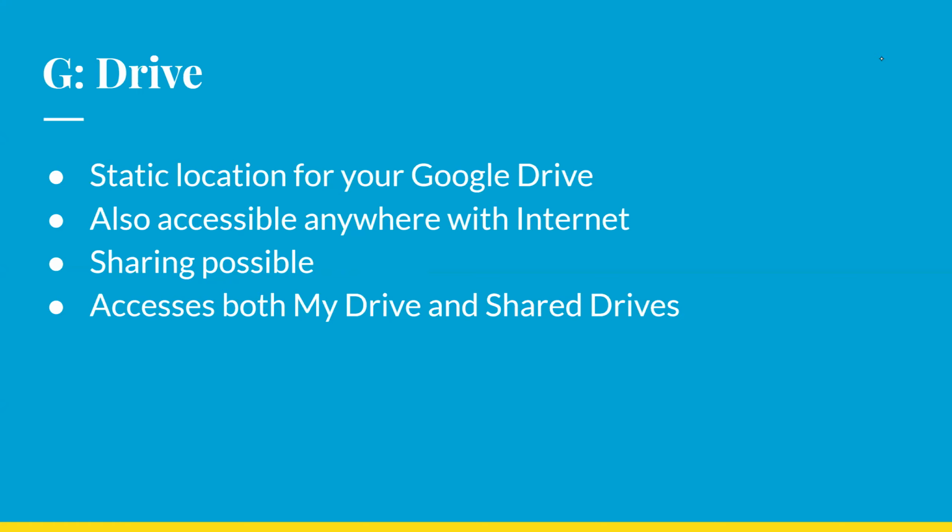It's a pointer that's doing nothing more than providing you shortcuts to what's up in Google Drive. It's accessible anywhere as long as you have internet connection. You can share out of it just like you can share out of Google. It all works. And you have access to both My Drive and any shared drives that you happen to be connected to within that G drive.